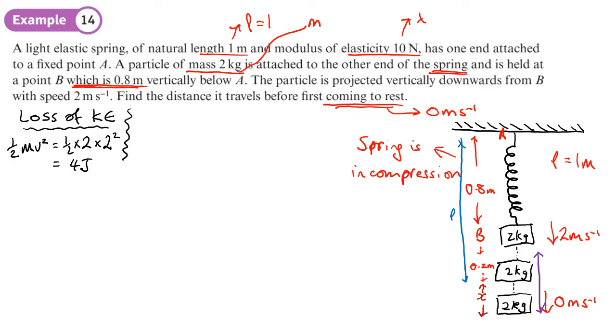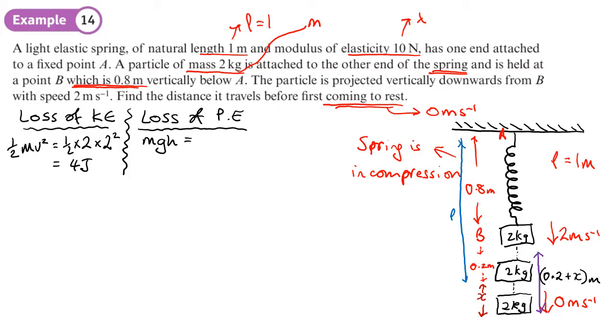There will also be a loss in potential energy because it's losing height. So remember that's mgh. And it's losing a height of 0.2 meters plus x, or 0.2 plus x meters. So that's that purple line that I drew, because remember it's starting at 0.8 meters compression. So it's 0.2 meters of compression that it needs to overcome, and then it needs to keep going, and that's going to be its extension.